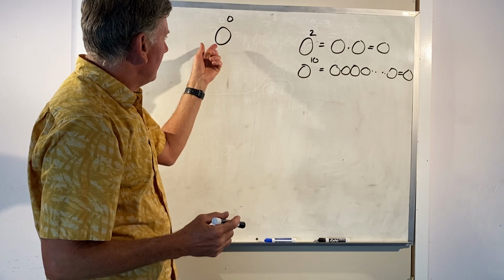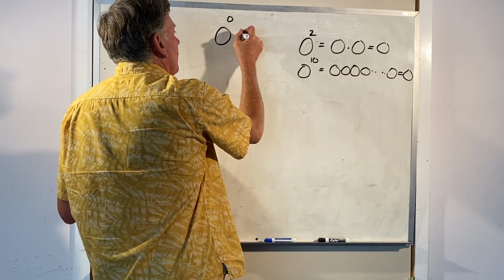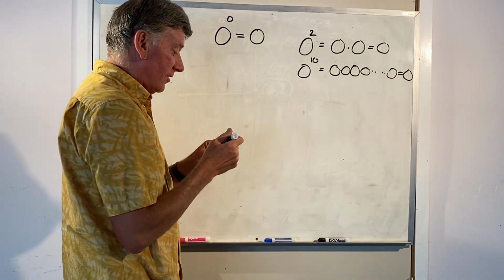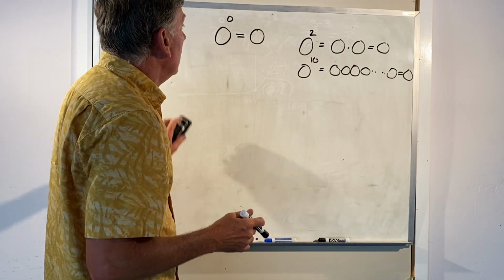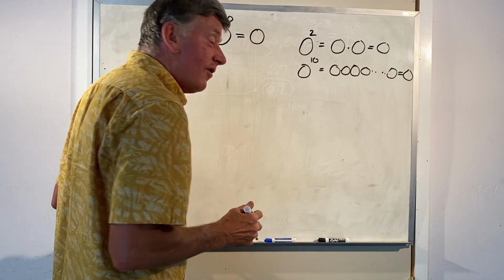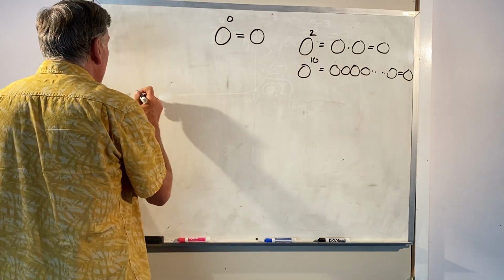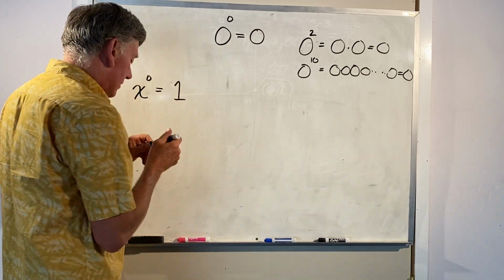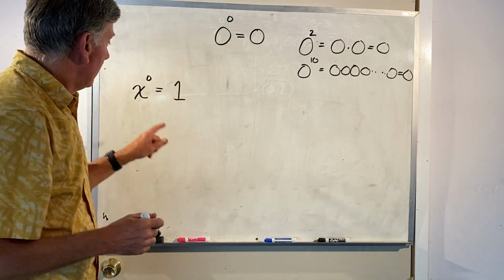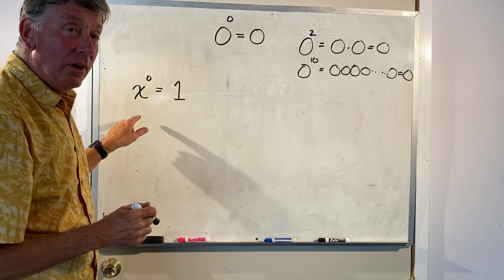So it kind of makes sense that you would think, okay, well, 0 to the 0 power, it's just another exponent, it's probably going to be 0. But then again, you have me telling you that any number x to the 0 power is 1. Doesn't matter what x is, something to the 0 power is 1.